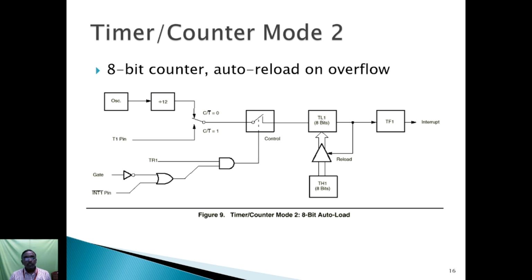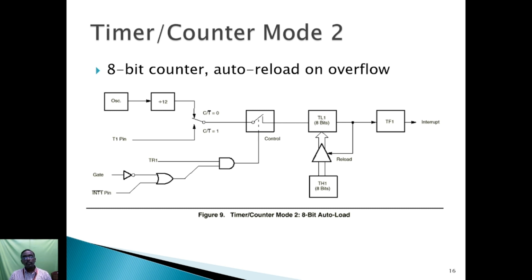Next is timer counter mode 2, which is an 8-bit counter with automatic reload on overflow. Here also, for example, we are setting a timer for a washing machine, that is 45 minutes.